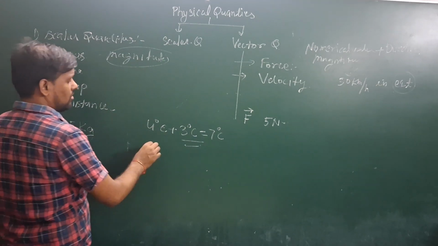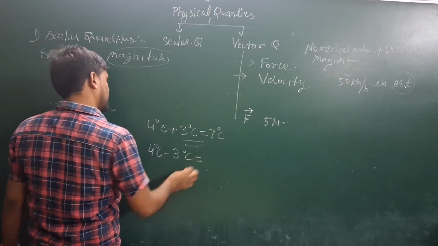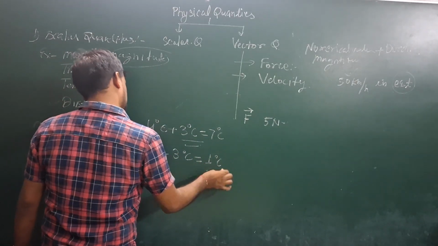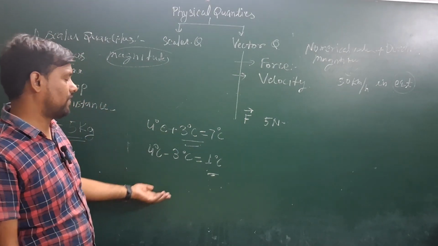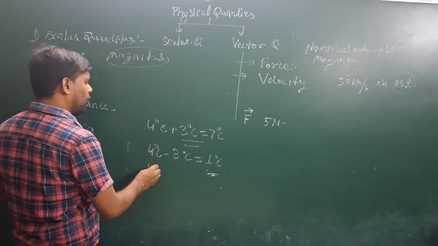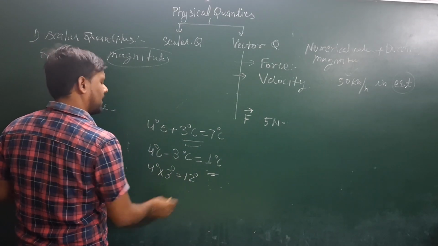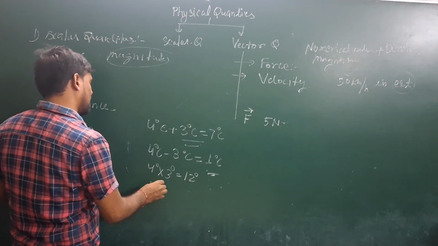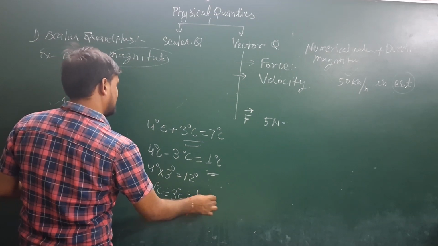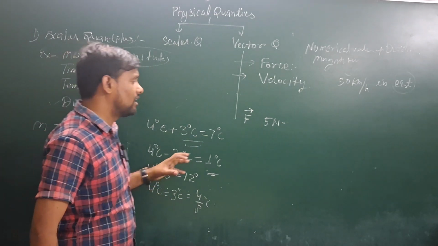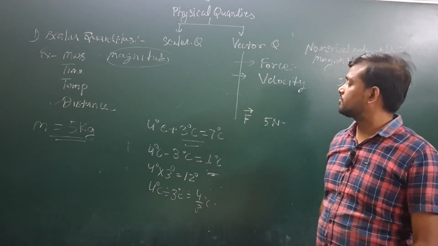If you want to subtract 4 degrees centigrade minus 3 degrees centigrade, we get 1 degree centigrade. These are simple operations of addition and subtraction. Also 4 degrees centigrade multiplied by 3 degrees centigrade gives 12, and 4 divided by 3 gives 4 by 3. So the four operations are addition, subtraction, multiplication and division.